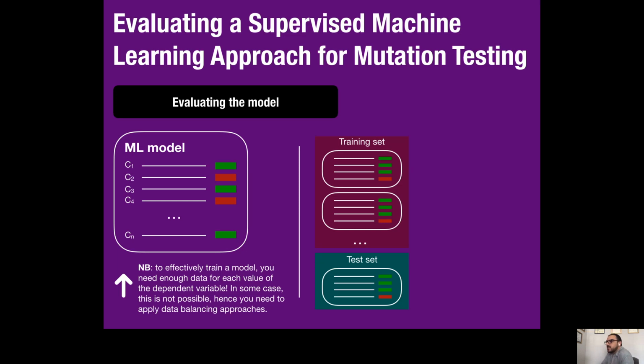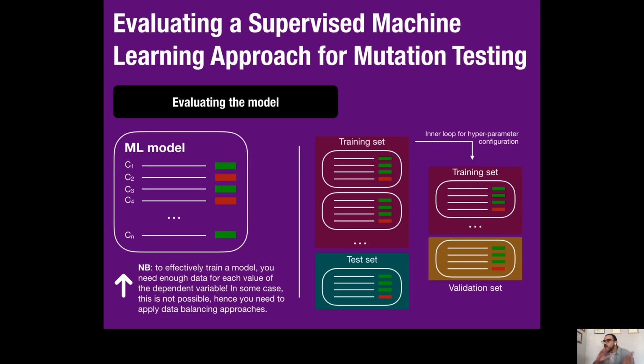What we did, and what is, I would say, a good practice, is to have this validation, so training and test set, as an outer validation, complemented with an inner validation, specifically used for hyperparameter tuning.